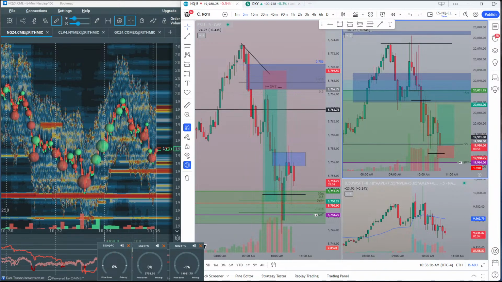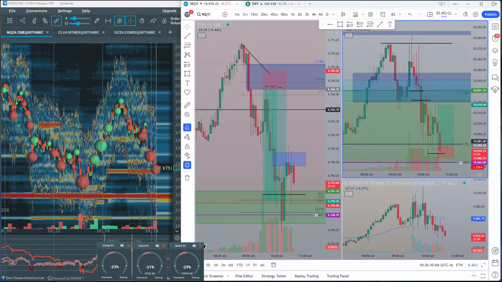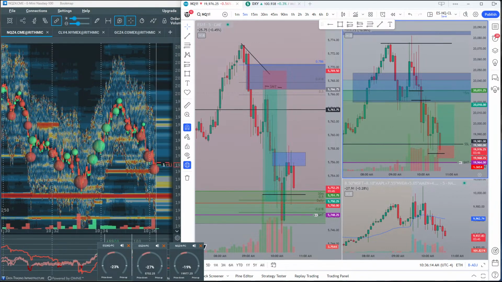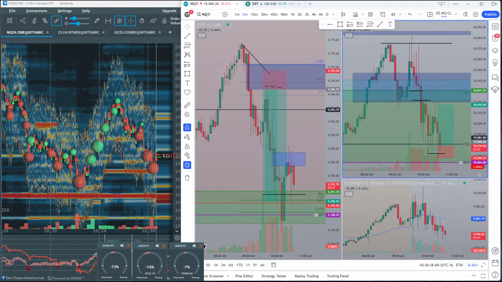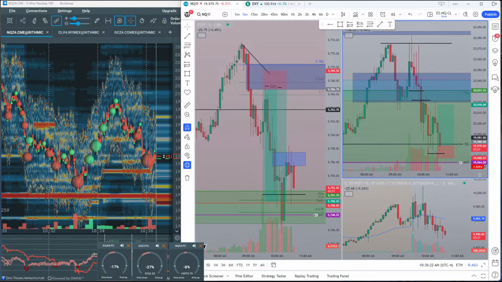This is the area buyers were holding before. So, gotta be super careful. Oh, we're trying to flush it. My only problem is if we don't break that 964, I'm still bullish.